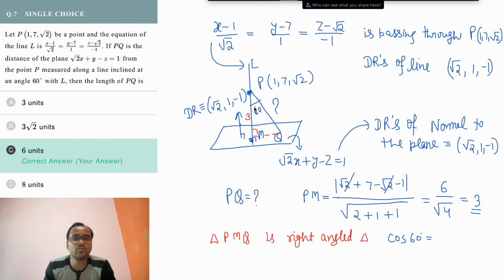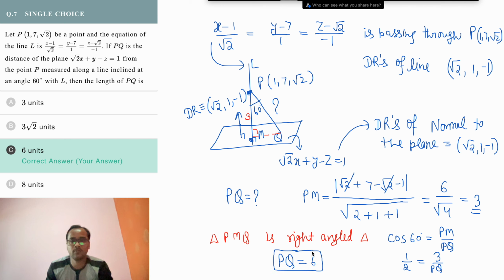Cos 60 will be equal to PM upon PQ. So cos 60 is 1 by 2, PM is 3 upon PQ. So from here PQ will be equal to 6. So the answer for this question will be 6 units.